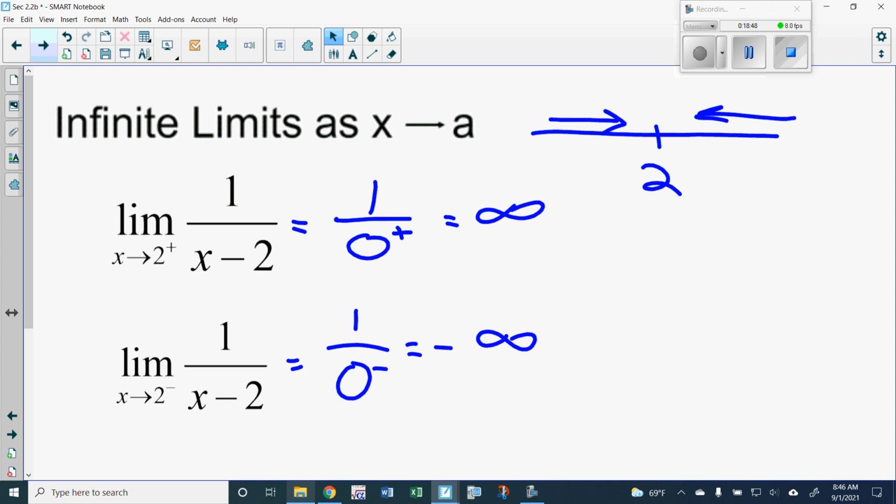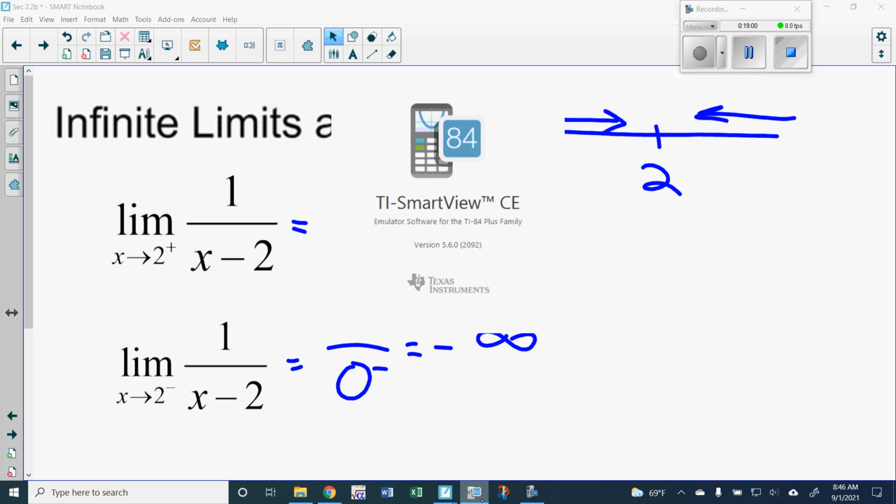Now, bring up my calculator here. What does this mean in terms of this?